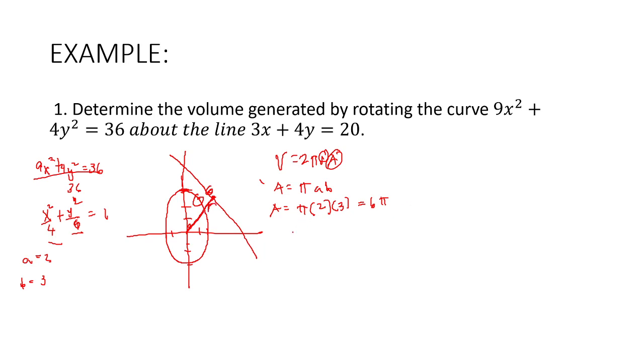So therefore, for the volume, what is our r, from this point to this point? That's the distance from a point to a line, with the same formula that we have used earlier.